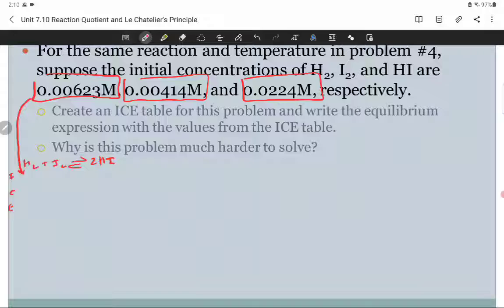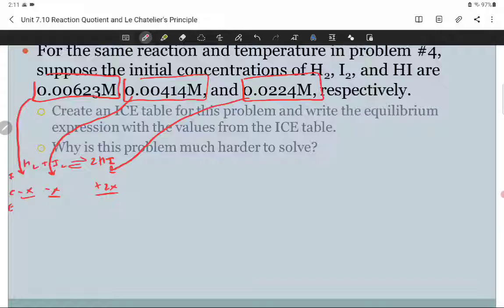I don't really have a lot of room right there, so I think I'm just going to use these arrows. Okay, we still have the minus x's. We still have the plus 2x. But now, for the H2 equilibrium, it's going to be 0.00623 minus x. And then so forth for the other two.